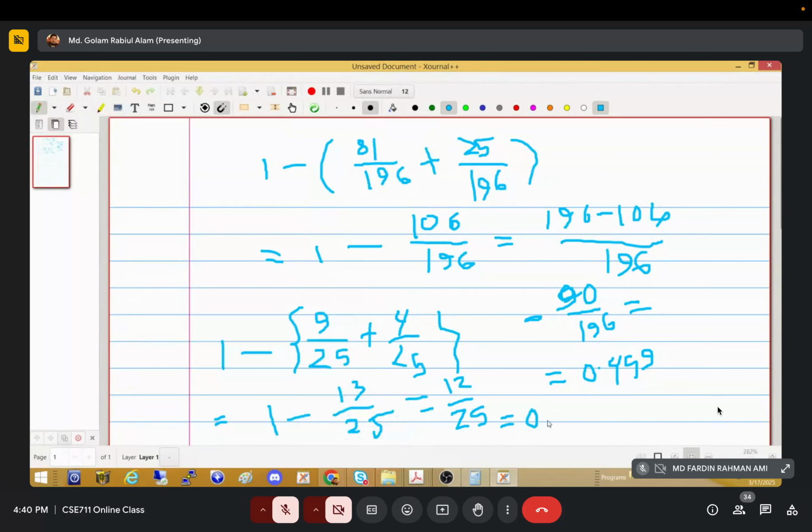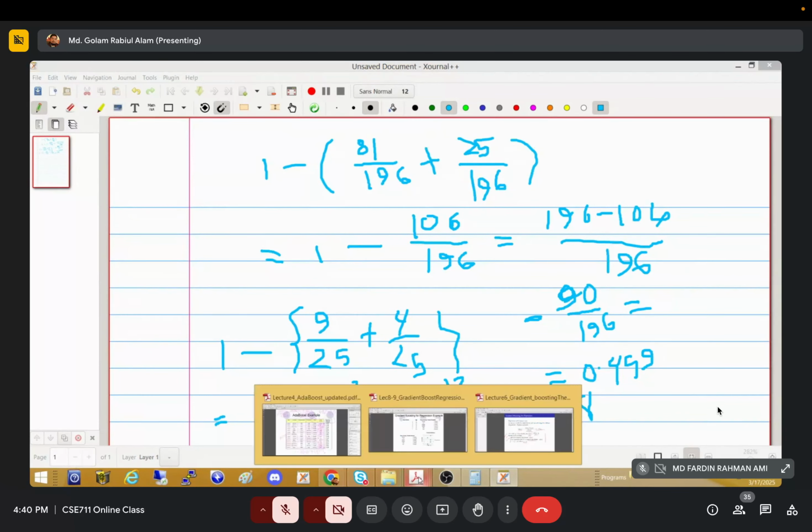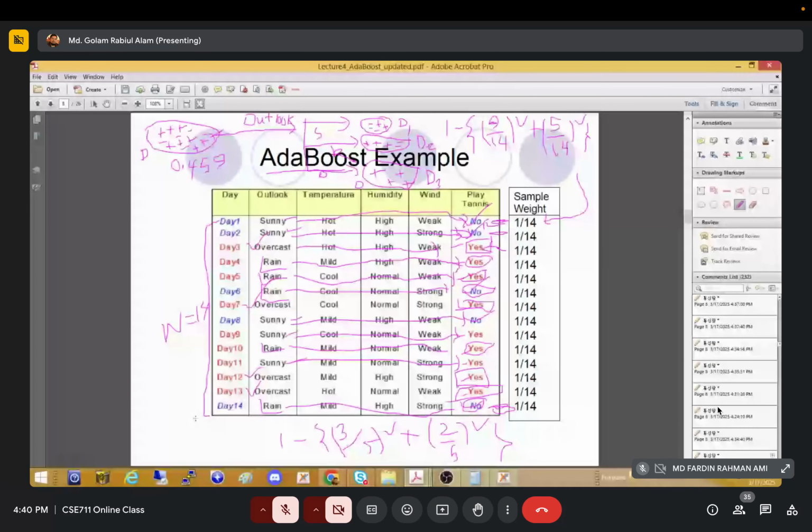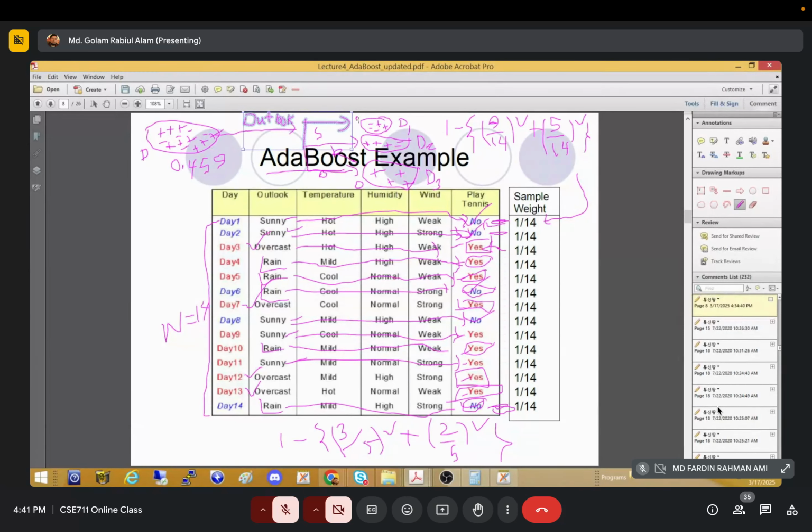So for this data set D1, the Gini impurity is 0.48.